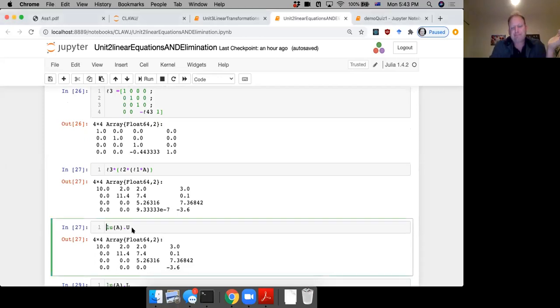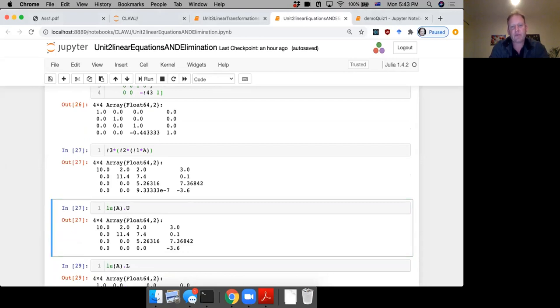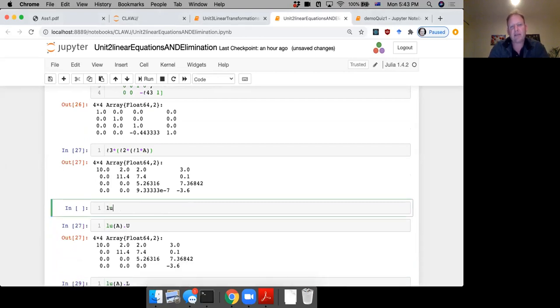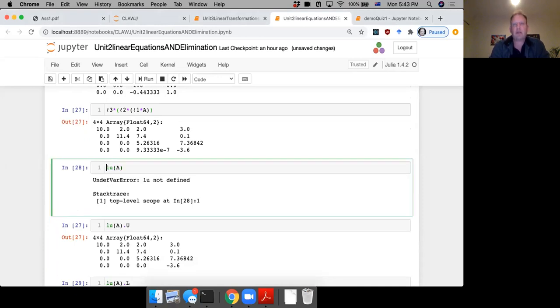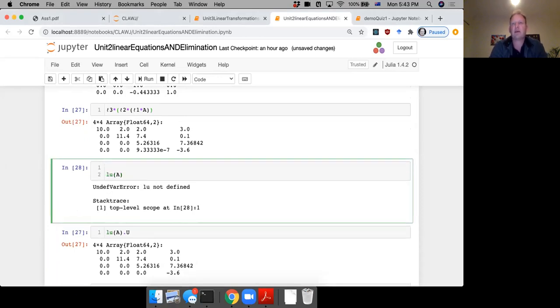Now, let's use the Julia command LU. By the way, let's try it before. Let's do it like this. This will crash. LU of A. Why is it not defined? This is kind of an annoying, basic Julia question. What package will have LU?